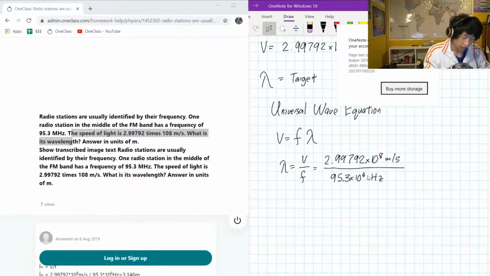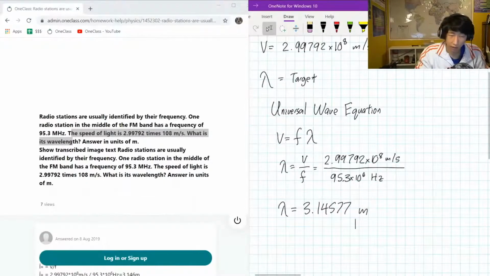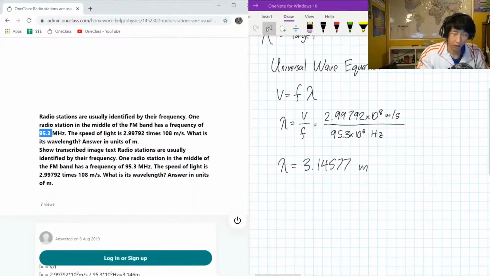Do this calculation, and my calculation for lambda, our wavelength, is 3.14577 meters, but we've got to worry about our significant figures. So we only have 3 significant figures available to us because of this megahertz value. So let's convert this to 3 sig figs.